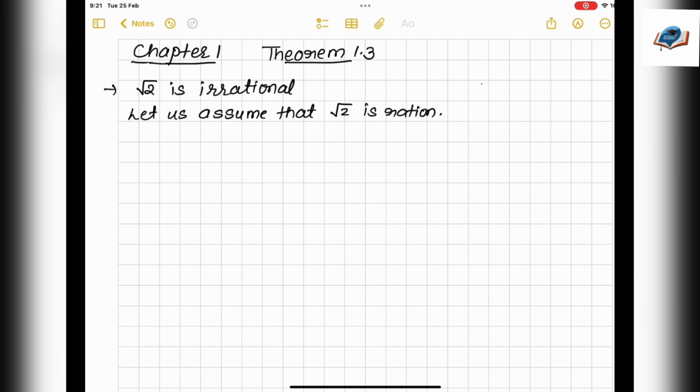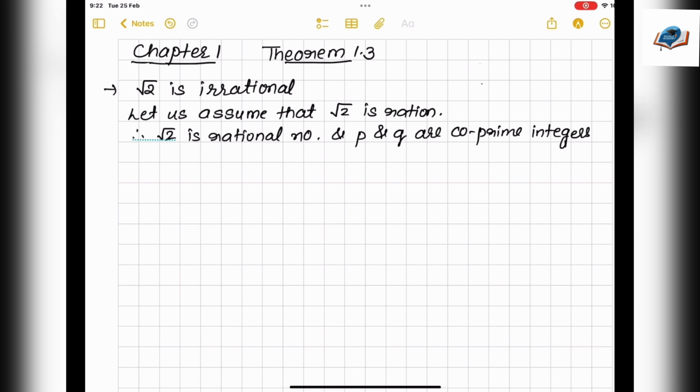Therefore, root 2 is a rational number and P and Q are co-prime integers, and Q is not equal to 0.